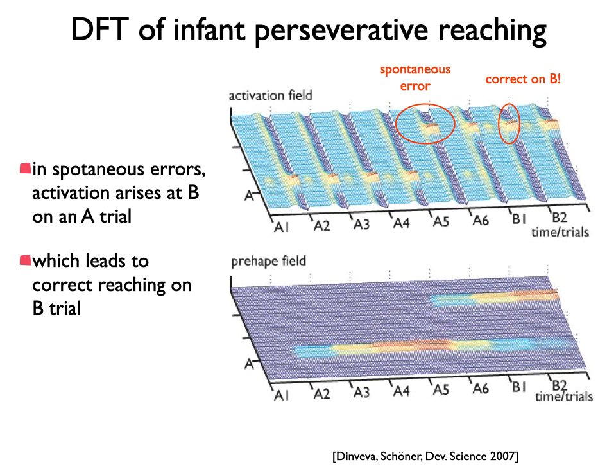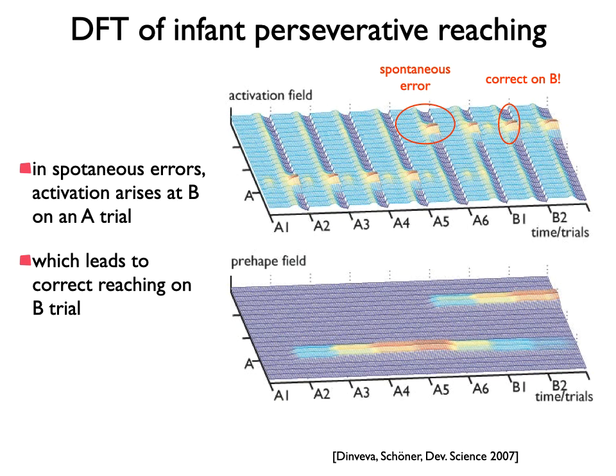And it will therefore lay down a memory trace, and the memory trace at A will decay, and therefore the model, as well as such infants, is actually correct on B. So when the B trial comes, it responds to B. It doesn't respond because it's now able to switch. It actually switched earlier stochastically. It's because there's more memory trace now at B than at A.